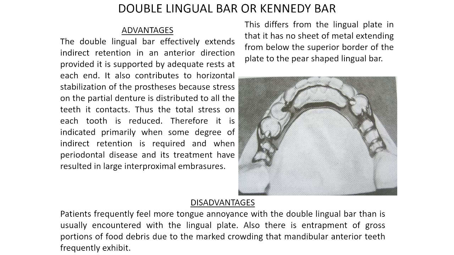That is, the lingual plate is a continuous structure, but the Kennedy bar is different in such a way that there is a gap between the superior and the inferior components of the major connector, and this might cause irritation to the tongue of the patient, because whenever the tongue moves, it interferes with the superior portion of the major connector.